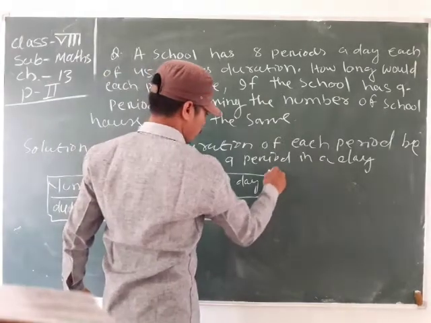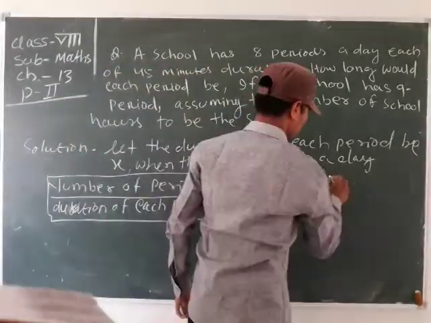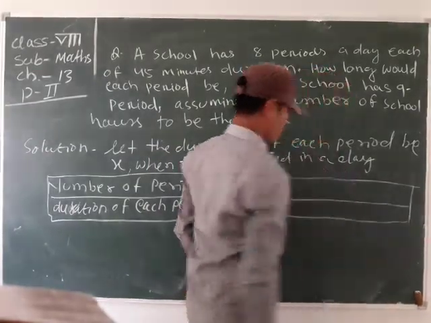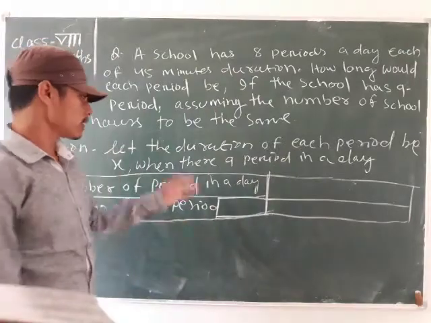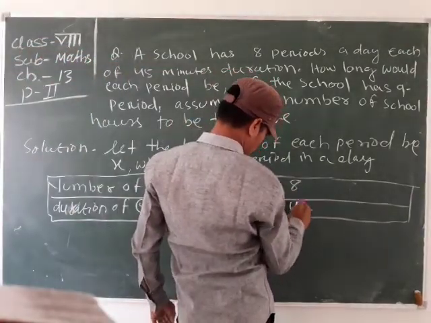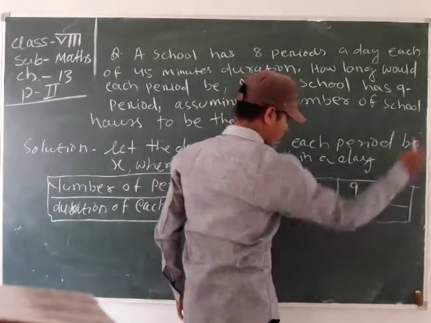Here the duration of each period is given and the number of periods is given. So 8 periods equal 45 minutes. Now 9 periods equal x minutes.